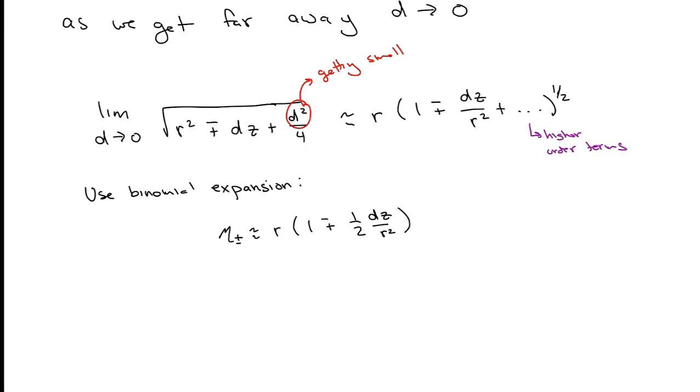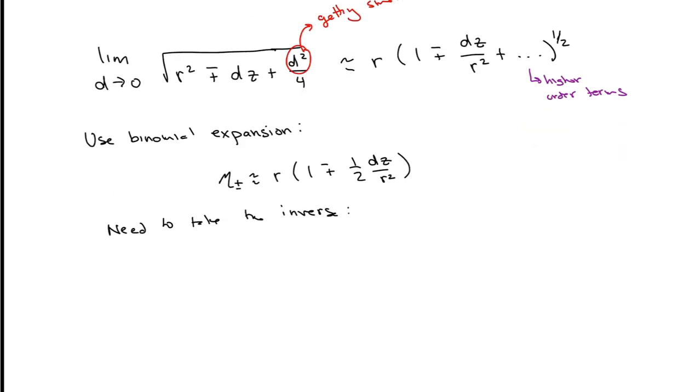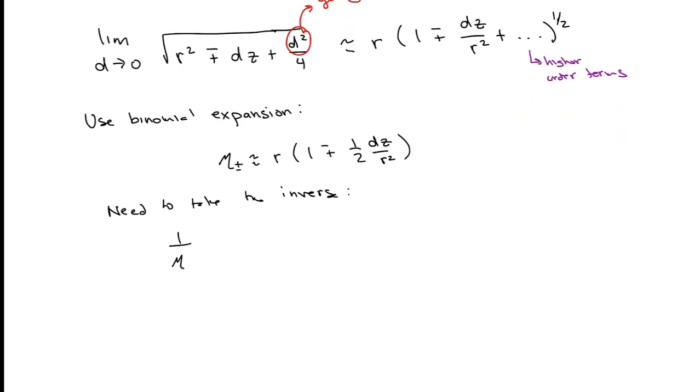But we're really looking for the inverse, because again, we're looking for the potential ultimately, which has 1 over the separation vector in it. So really that is going to be equal to 1 over r times all this stuff. We're going to use that binomial expansion again.